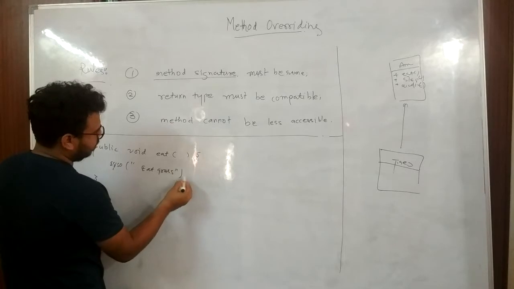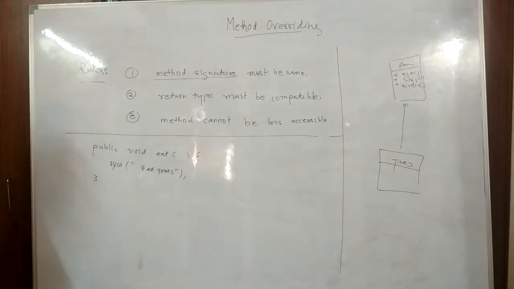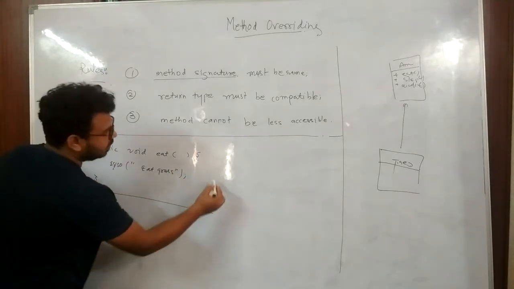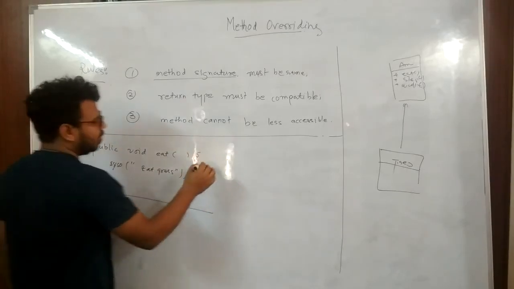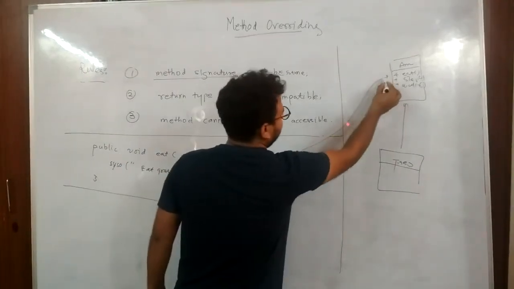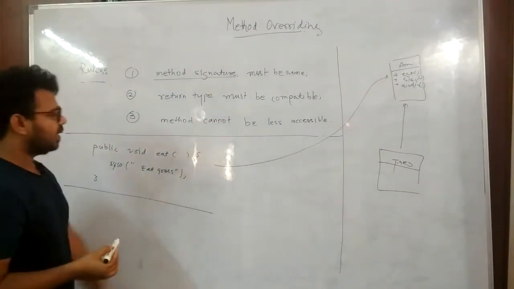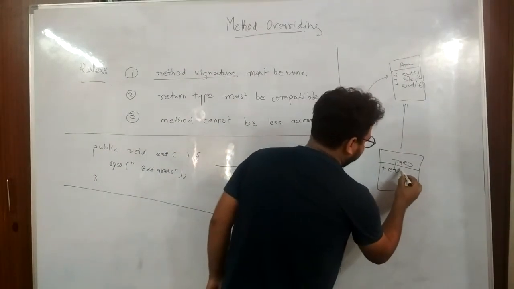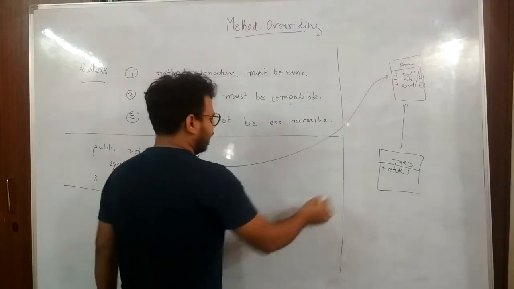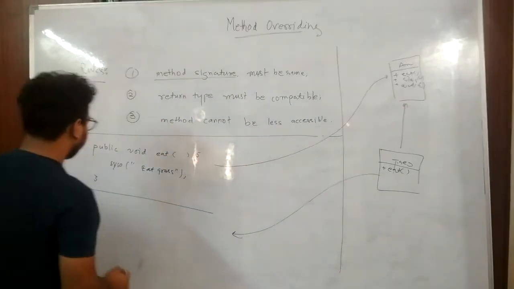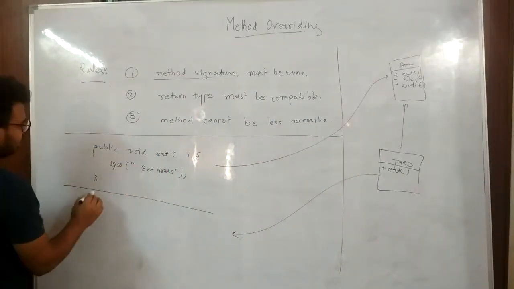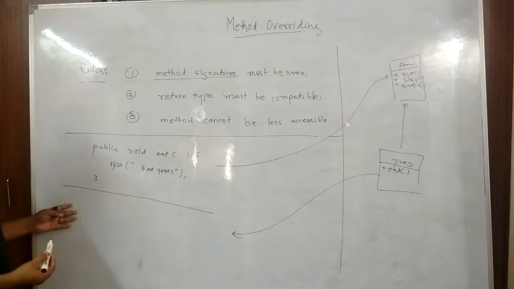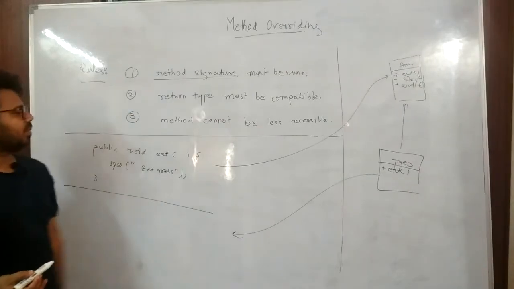This is the eat method of the animal class, and while overriding we redefined our eat method like this. We wrote the same method. That is, while method overriding, the method signature must be the same.